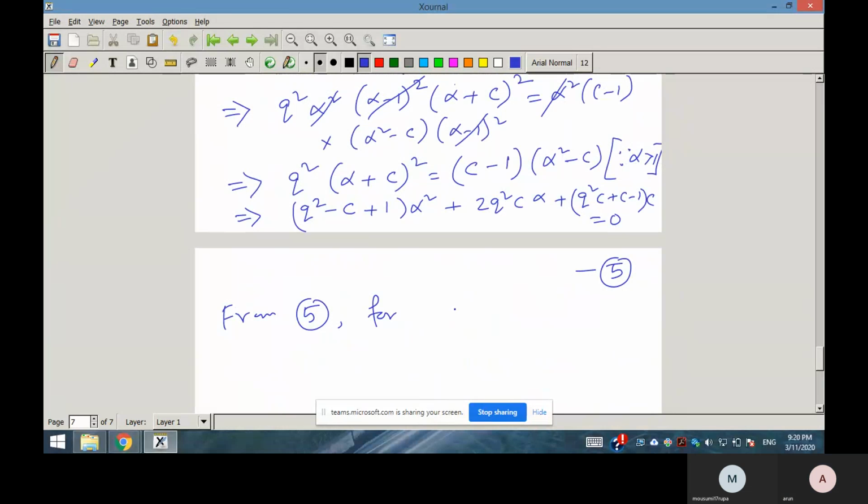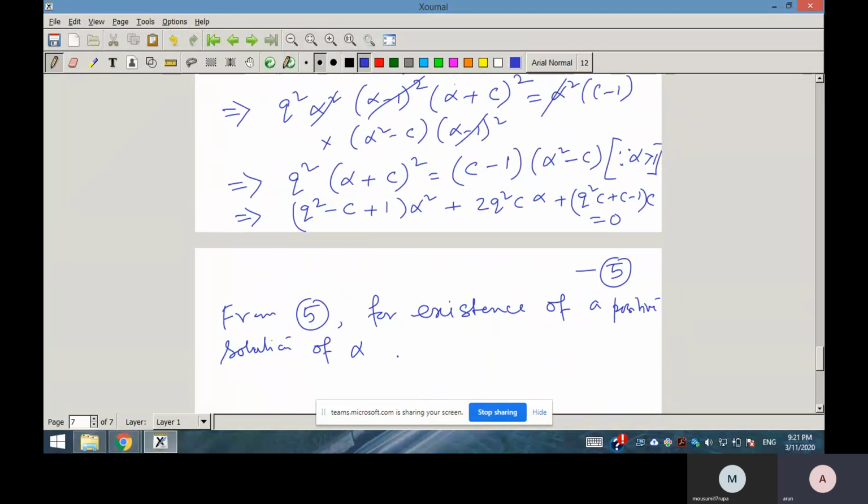For existence of a positive solution of alpha, what should be the condition?